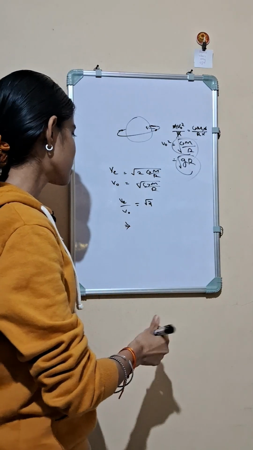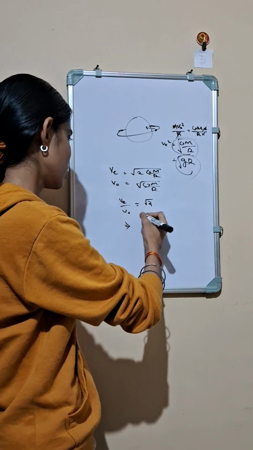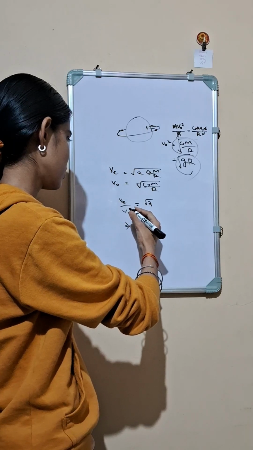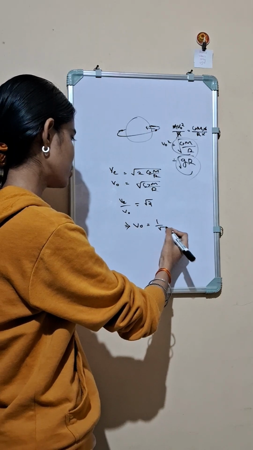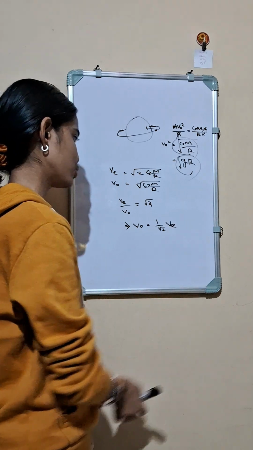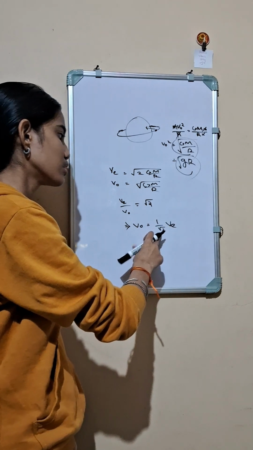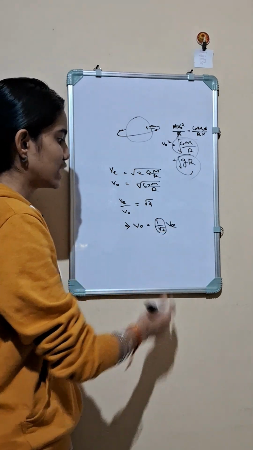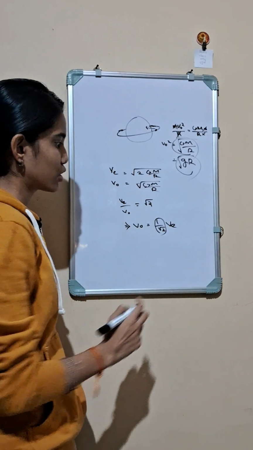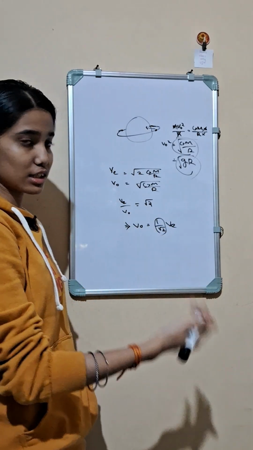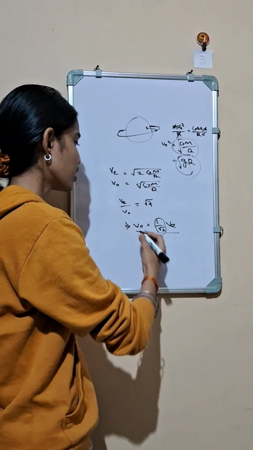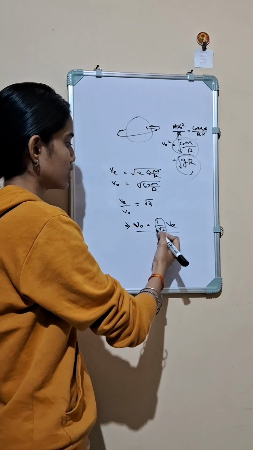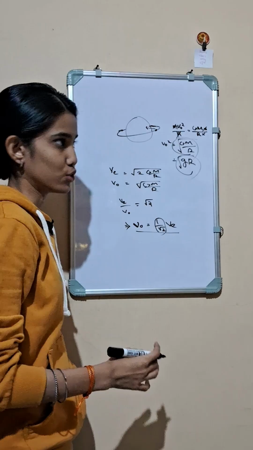This implies that v naught equals 1 by root 2 times the escape velocity. Here we know that this thing will be less than 1, because root 2 is greater than 1. So from this equation you can see that orbital velocity is less than escape velocity.